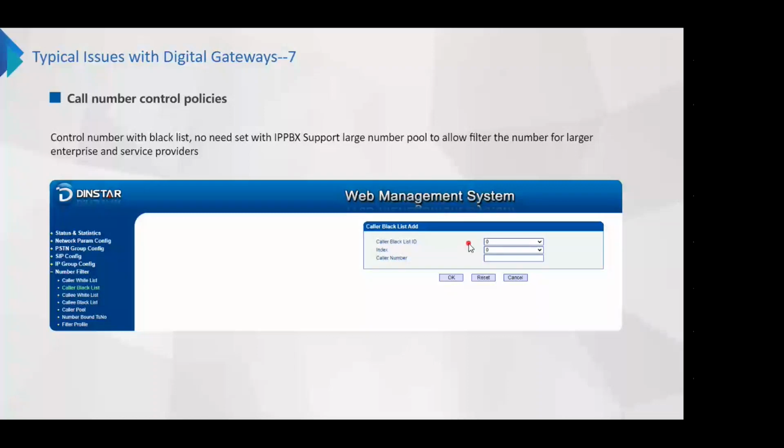After that, when such a number calls, the MTG will reject the call because the number pool is already there to detect it. So the call never enters the PBX, which improves your system performance, and your PBX stays stable without any blacklisted calls. It's quite a useful feature for large enterprises and service providers. Okay.